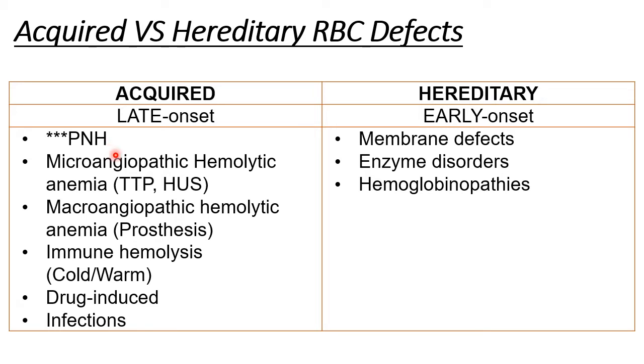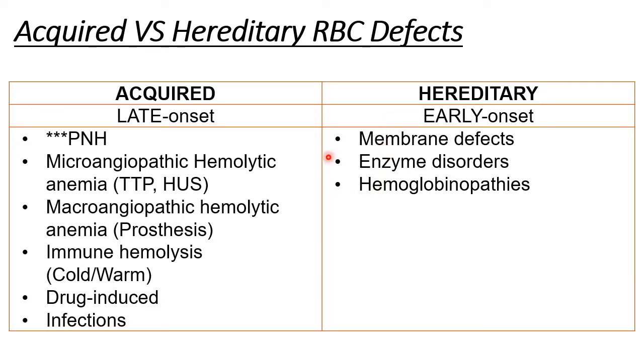Okay? And then next, yung mga acquired din, no, micro and macroangiopathic hemolytic anemias, immune hemolysis, okay? Yun na-acquire nila yung ABO antibodies and RH antibodies from their mothers, okay? Drug-induced and infections.